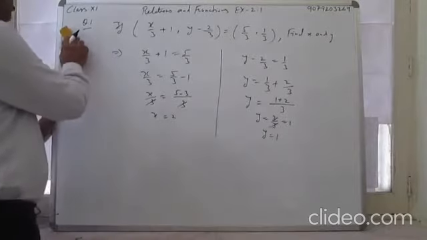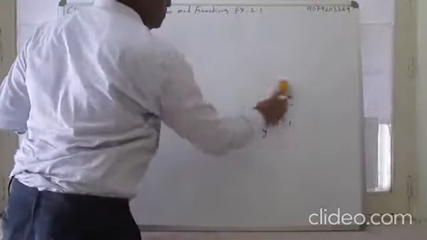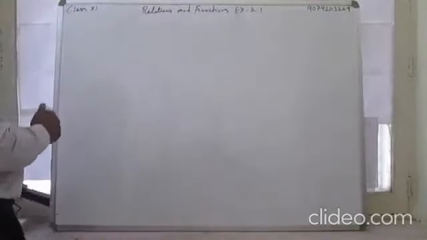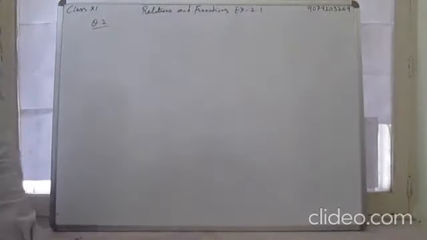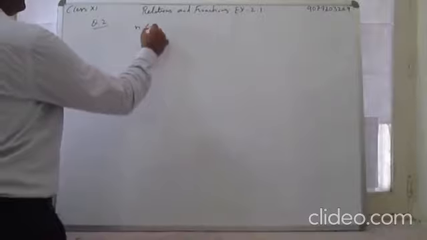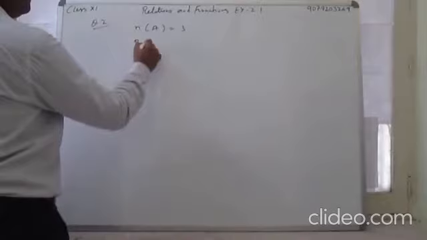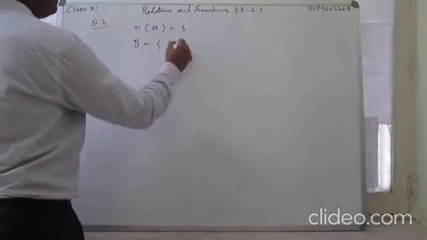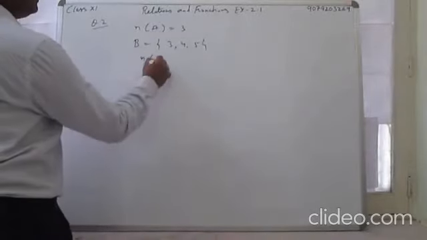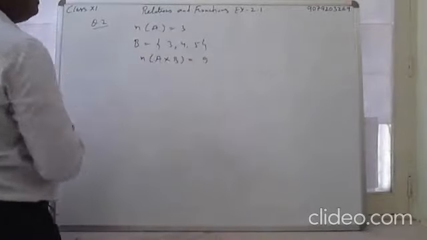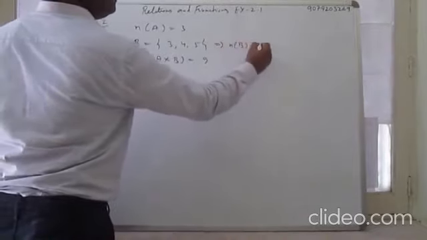Now question number 2. If set A has 3 elements and the set B is given to you as {3, 4, 5}, then find the number of elements in A cross B. You have to find the number of elements in A cross B. So the number of elements in B is 3.